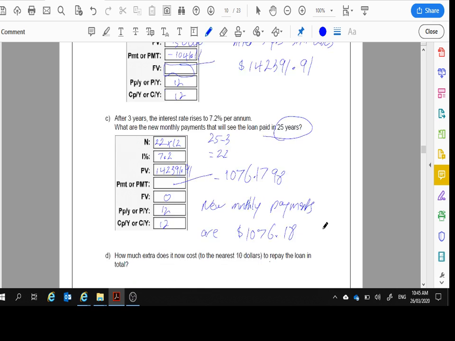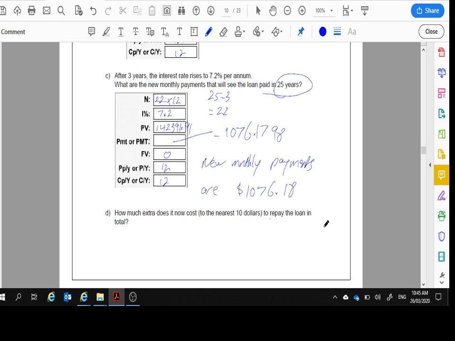Then part D. How much extra does it now cost, to the nearest $10, to repay the loan?